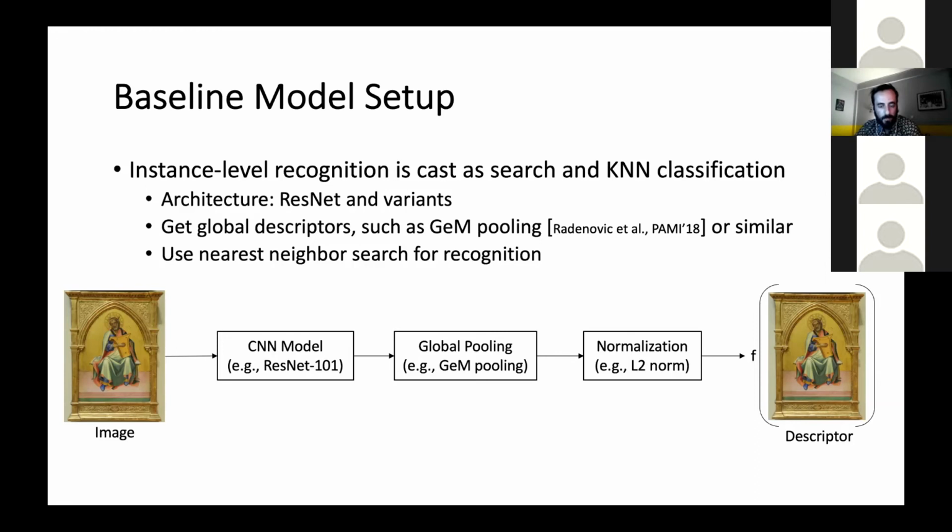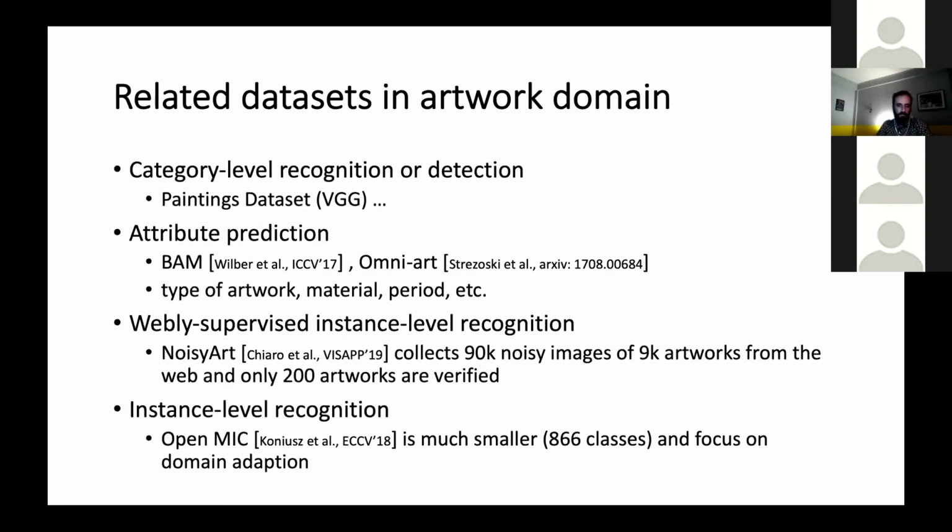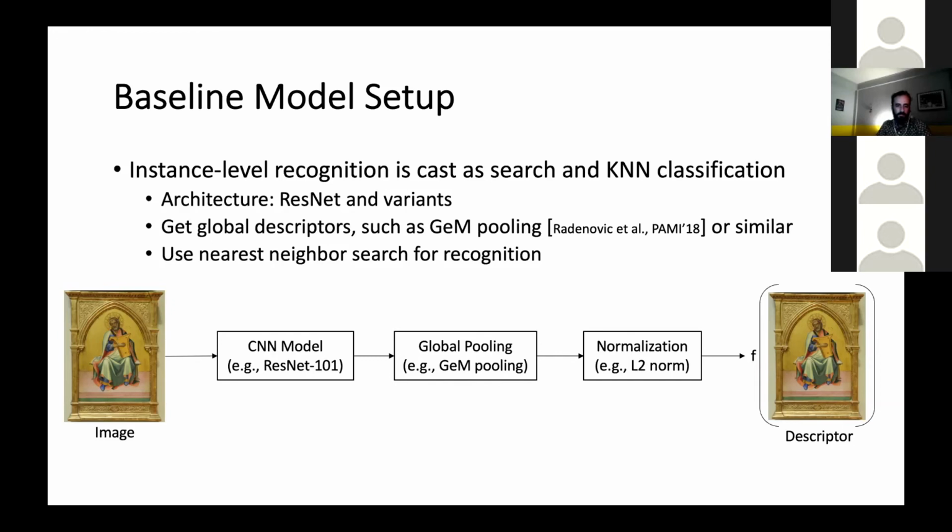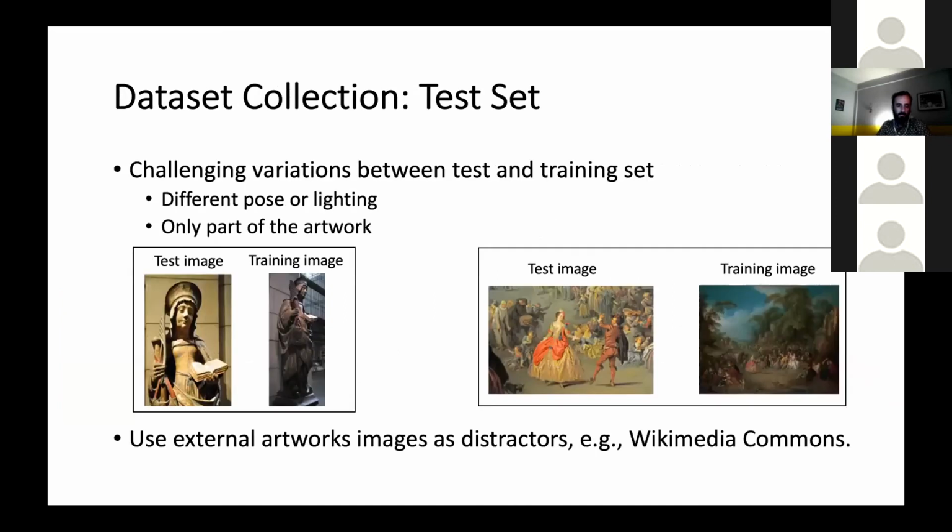And I have one question: based on your observation of the data, to give also some better idea for the attendees here, what are the main types of challenges that you see in comparing test to training images? Oh, yeah.